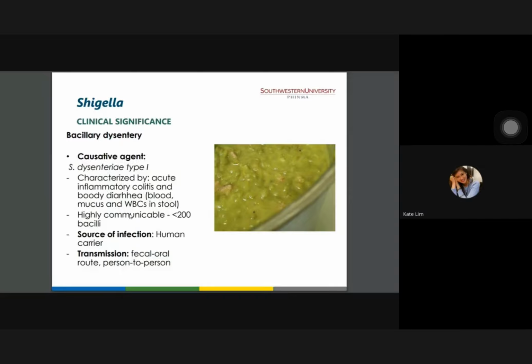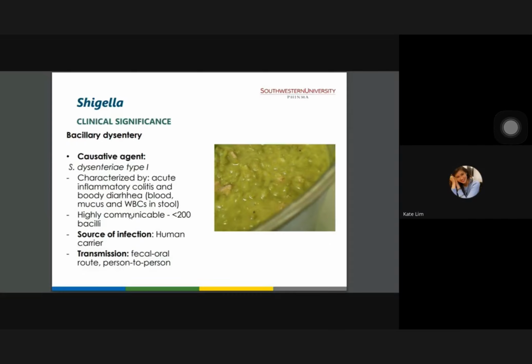So, what do we call that? That is actually tenesmus. We also have bloody diarrhea. In bloody diarrhea, patients may experience diarrhea containing blood, mucus, and WBCs.